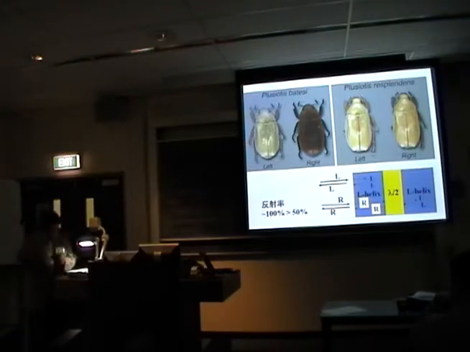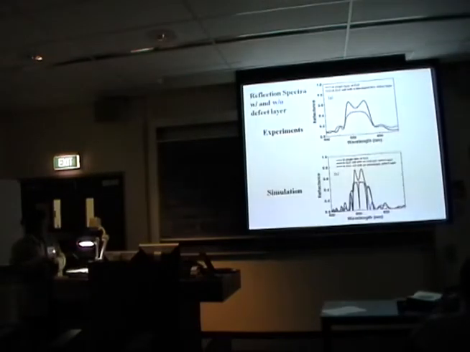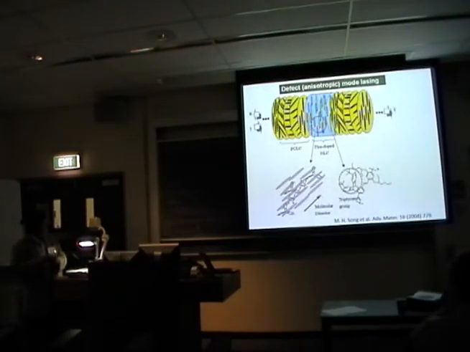The reason why I introduce this is that we made this kind of structure using chiral liquid crystal and nematic liquid crystal. Here is a chiral liquid crystal, and we insert a nematic liquid crystal with dye, and then chiral liquid crystal again.